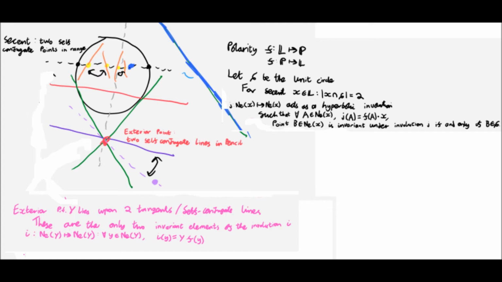Essentially what we're doing here is representing how this polarity acts upon the pencil of Y by thinking of it as an involution of the pencil of this point Y. So under this involution, the line little y gets sent to the line joining big Y to the image of little y.